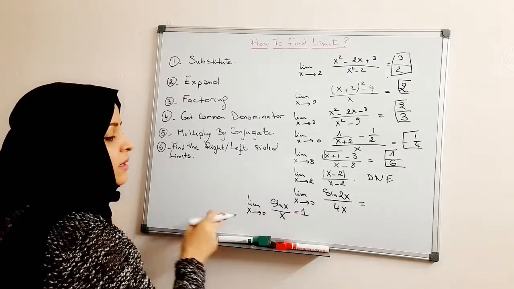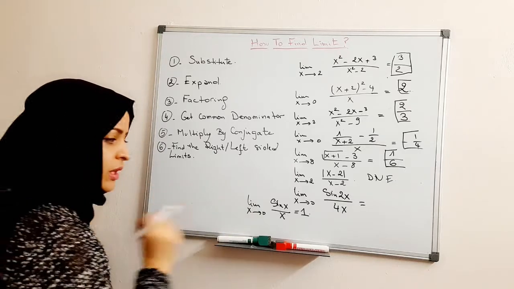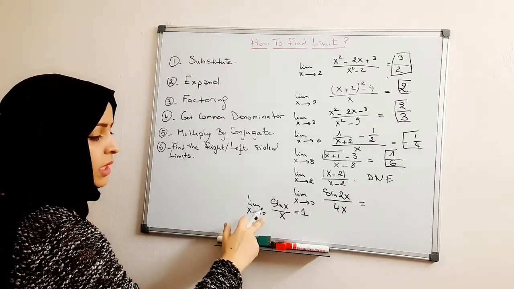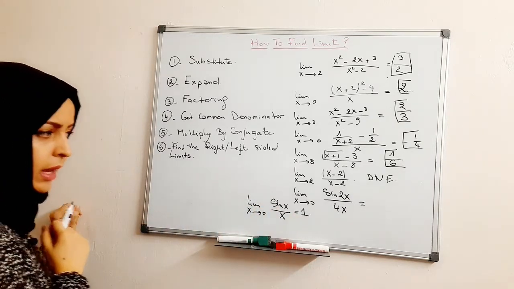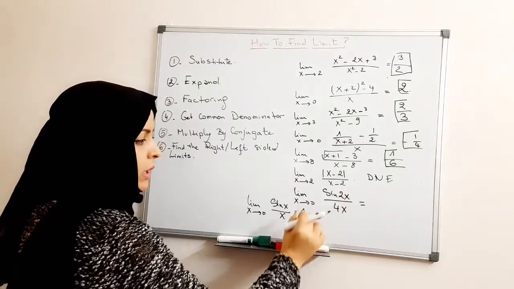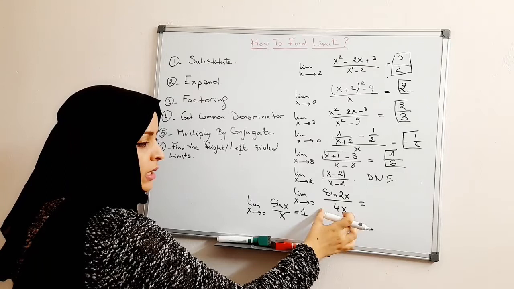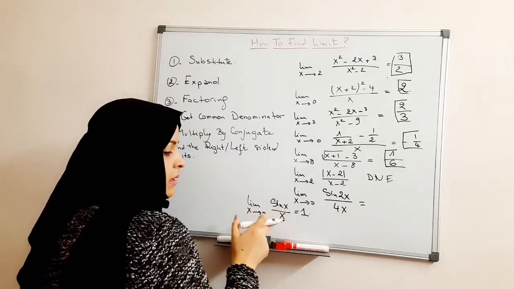Okay, so this is a standard limit of a common function that we know. The limit when x approaches 0 of sin x over x is 1. So what we can do here is to write this expression in terms of this one.